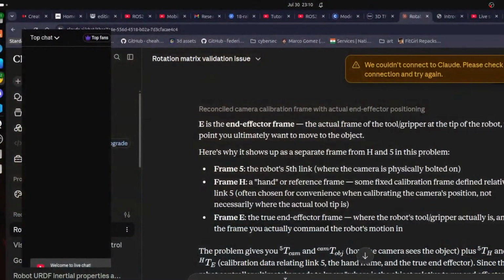What will the object frame to end effector frame transformation that we obtained here be?